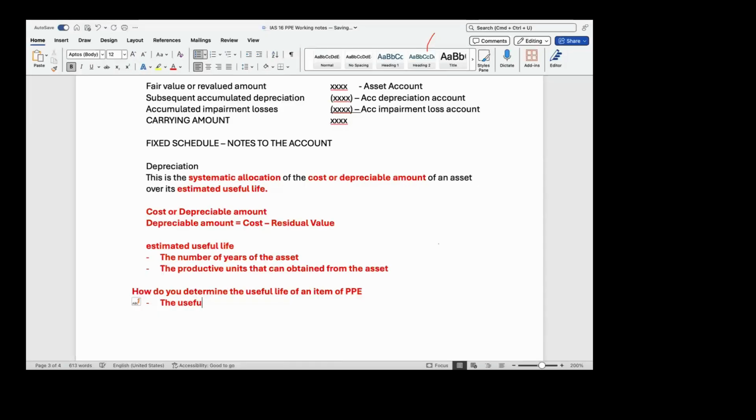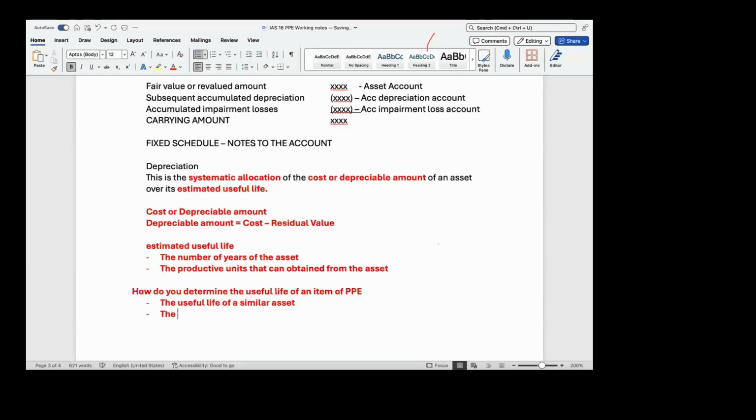Number one will be the useful life of a similar asset. If you have a similar asset that you have been using for so many years, and you now bought that type of asset again, you can use that as a basis for determining the useful life of these new assets.